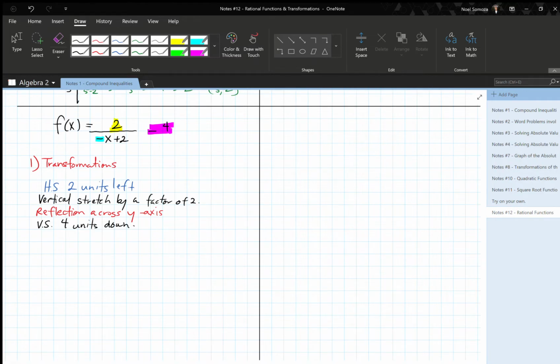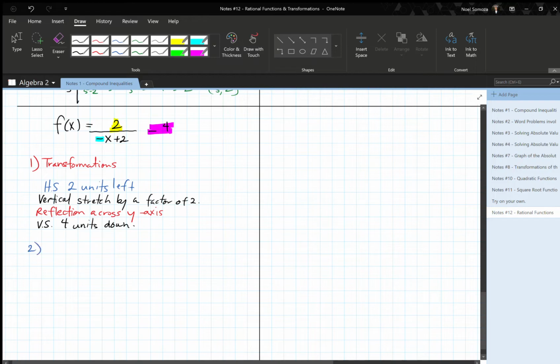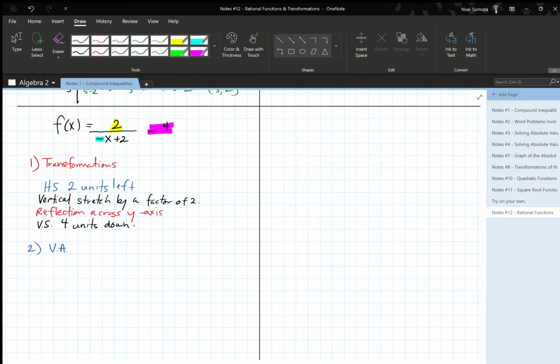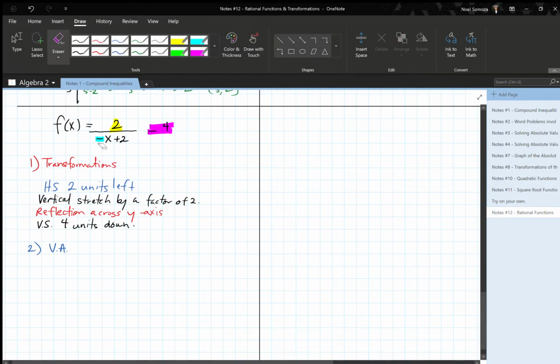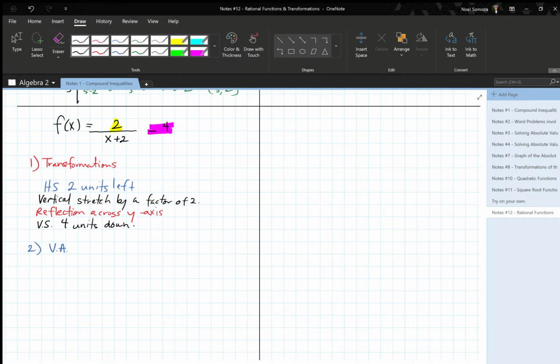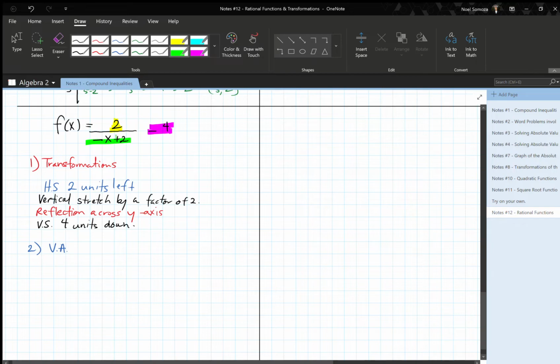Now let's take a look at finding the horizontal and vertical asymptotes. If I want the vertical asymptote, I'm going to set my entire denominator equal to 0. Let me erase this highlight real quick. So here's what I have: negative x plus 2 equals 0.